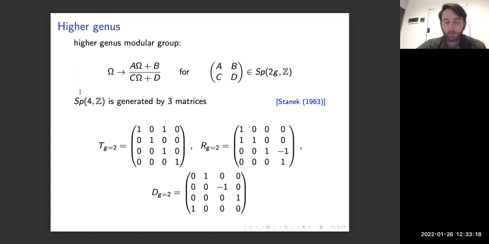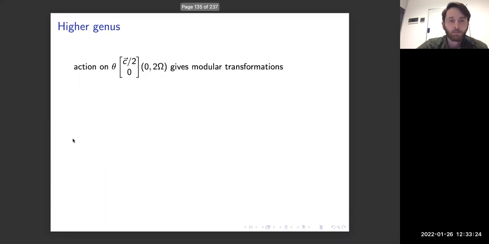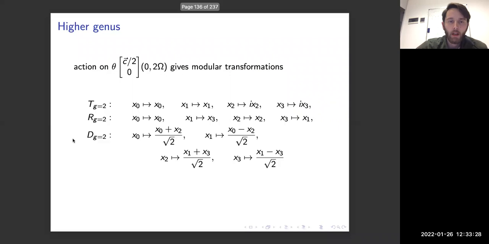Here's one choice. From this, you can directly read off how these transformations act on the theta functions. And from that, using the Poisson summation formula, you can figure out how the modular transformations act on the code variable.